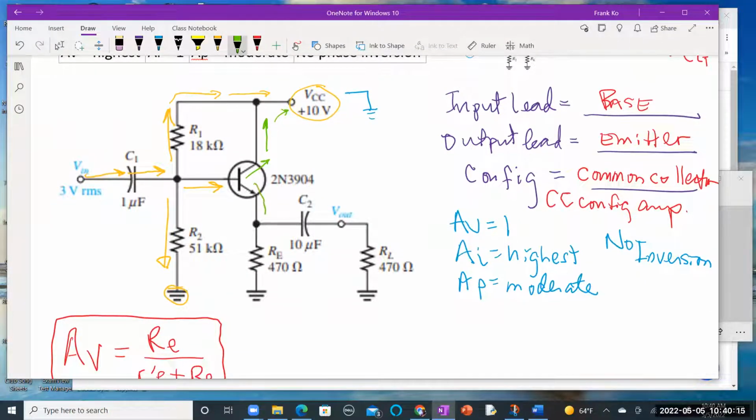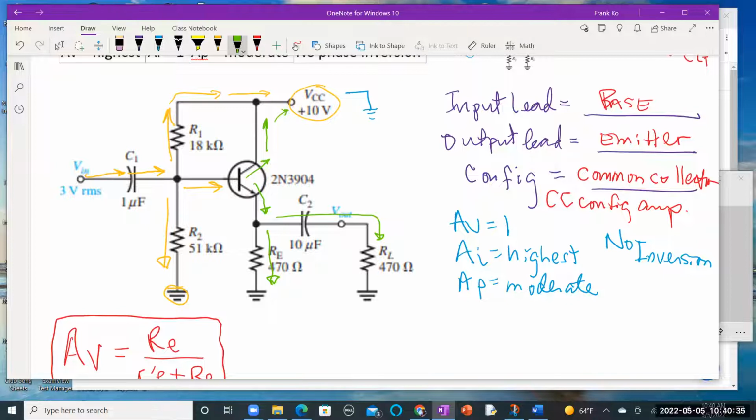The signal can come down here to this node. Once it hits this node, it can split. Part of it looks like it's going this way, part of it looks like it's going this way. So your signal sources coming in are shown in the yellow arrows, and your signal sources on the output are shown in the green arrows.